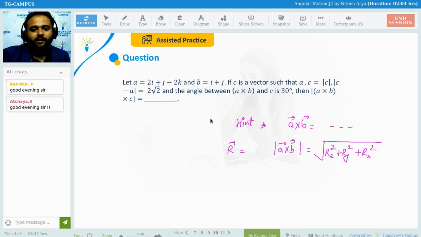Why am I saying this? Because we need to find A cross B and then cross C, but I don't know this particular thing.